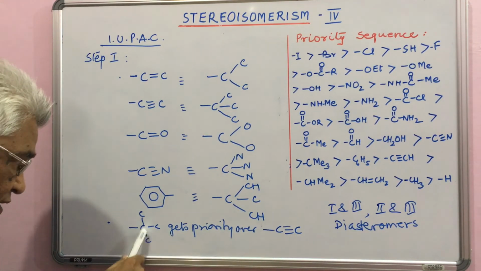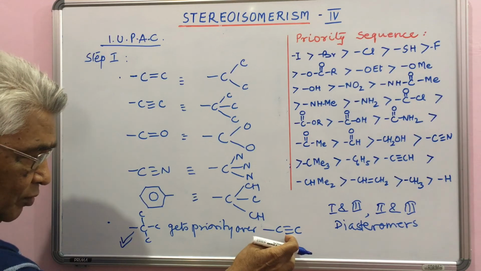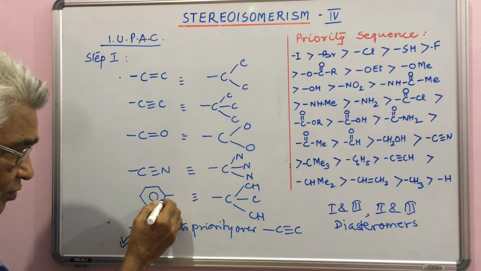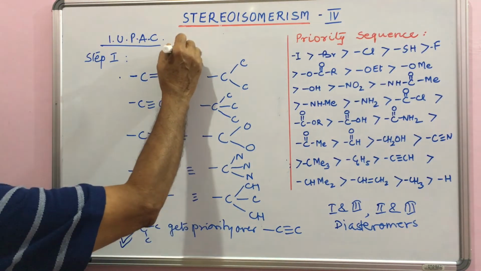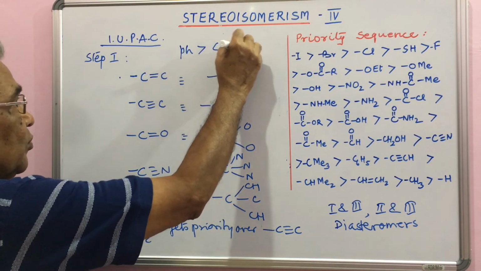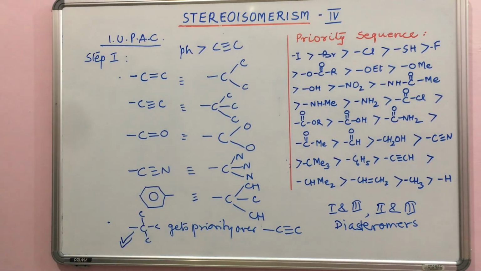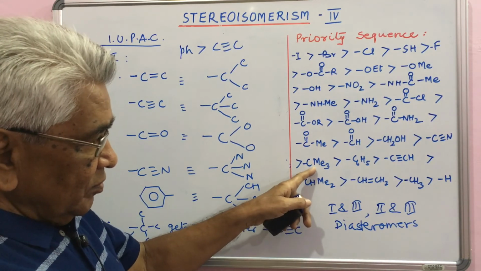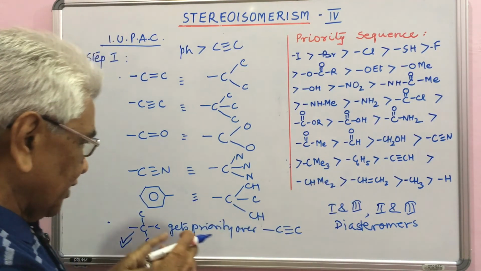If both these are present, this will be given the priority, not the triple bond. And similarly, if this is present along with this, this will get priority. Phenyl gets priority over C triple bond CH. And also, C triple bond C gets priority over these 3 carbon atoms.